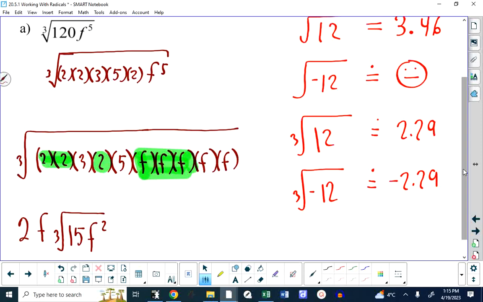And if this were f to the 10, you could take out an f and an f and an f and be left with 1 f inside. Because you're taking out a group of 3 out of 10, that leaves you with 7. You're taking out another group of 3 out of 10, that leaves you with 4. You take out a third group of 3, that leaves you with 1. Okay?